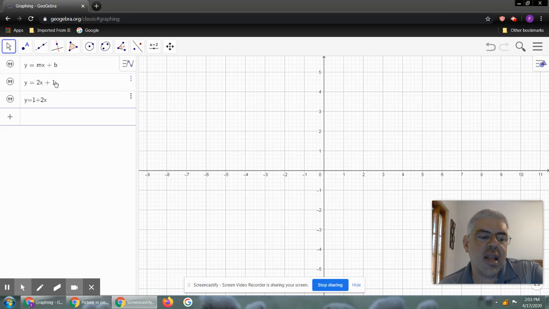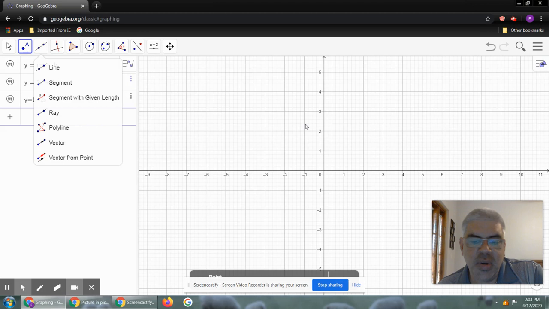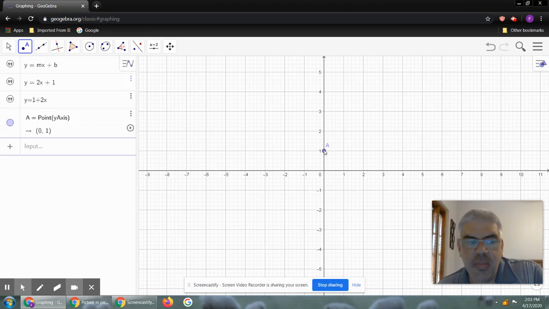So let's go ahead and graph this. We start with the y-intercept, which is where my graph should pass through the y-axis. So I'm going to put a point there at positive 1, because that is what my y-intercept is.